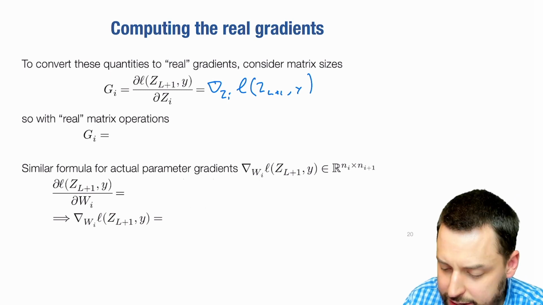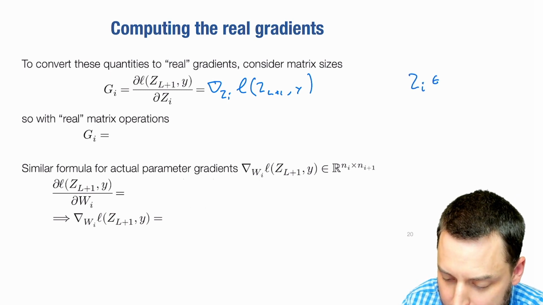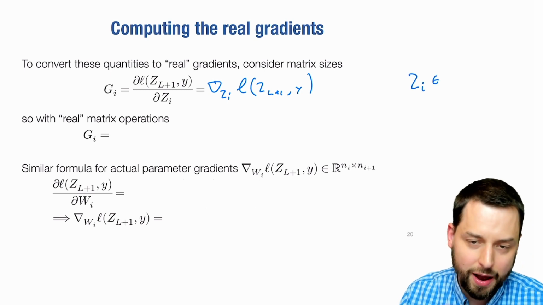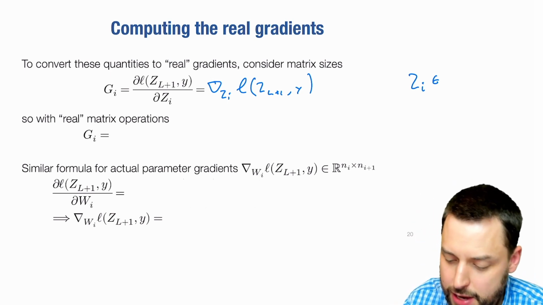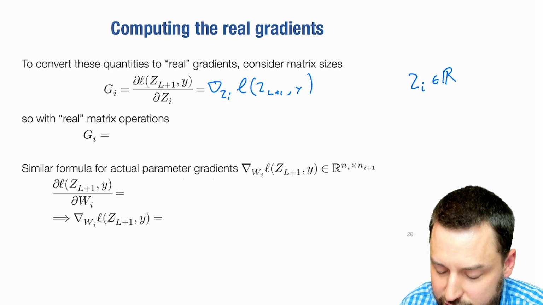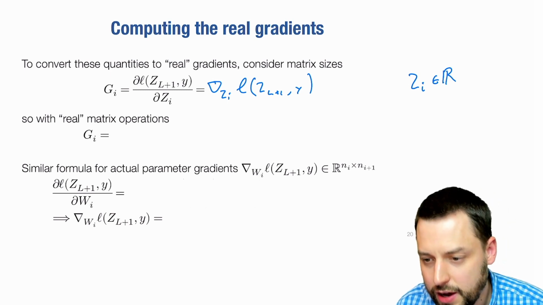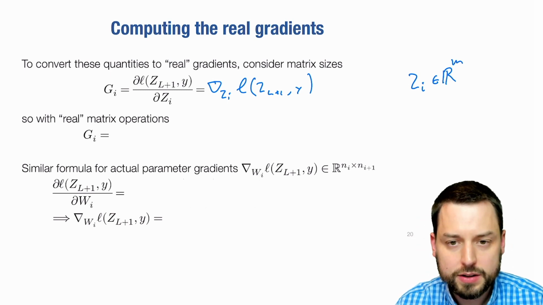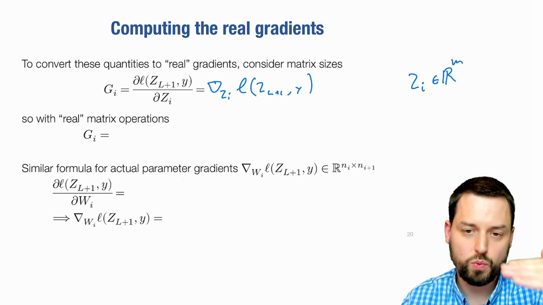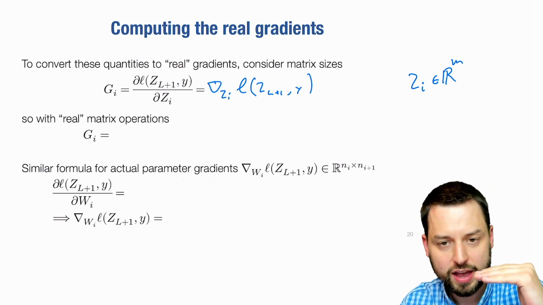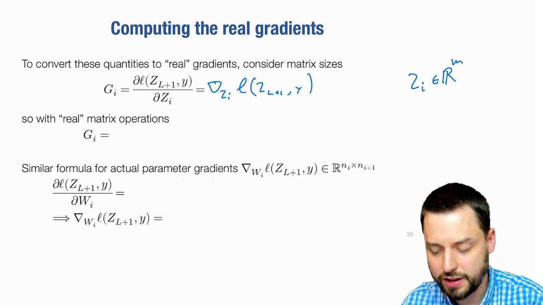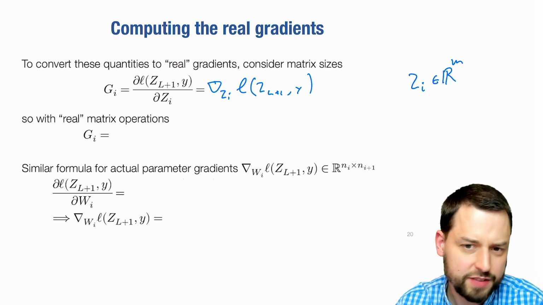The size of Z_i, remember, I went over briefly what dimension Z_i was. If you go back a few slides, you'll see that Z_i was actually m rows, because Z_i describes the hidden units, or the activations, for every single example in our data set, or in our batch if you do it by batch.